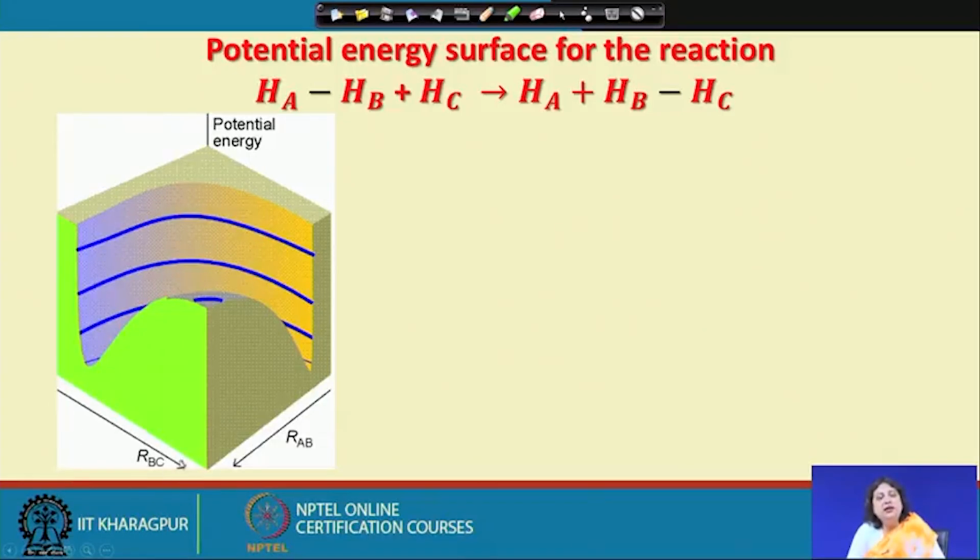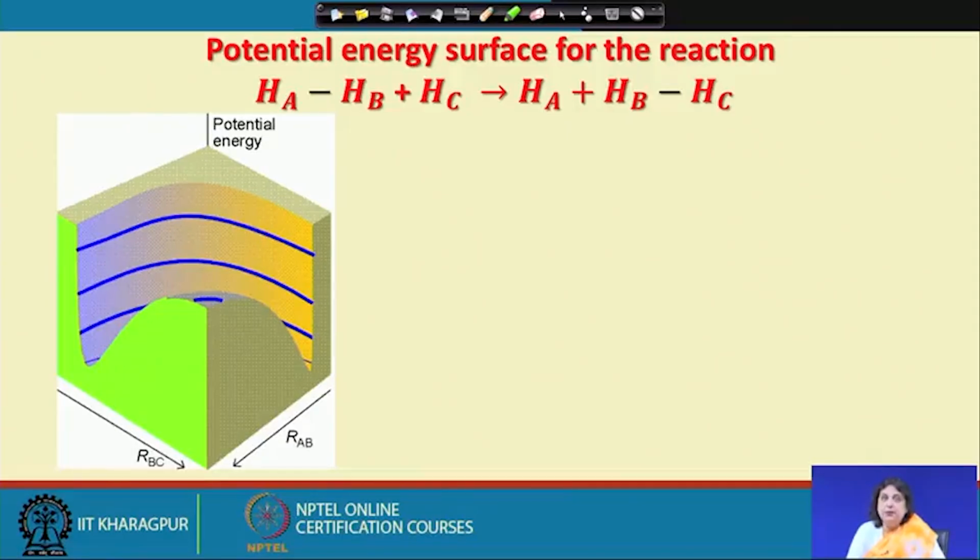Since RBC increases in this direction, at this point RAB is small and RBC, that is the distance between the hydrogen atoms B and C, is very large. Now, as the system goes to this state where there is a chemical bond between B and C, what do I expect?